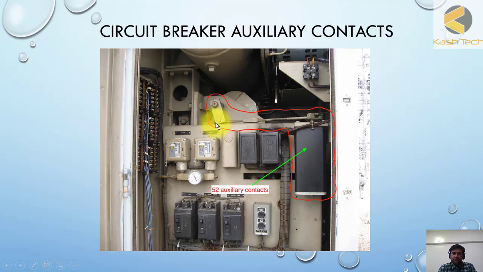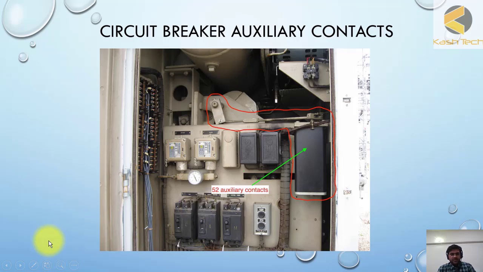So when the breaker is open, the position of this shaft will change. It will come up to here, and this contact also moves. In this way, auxiliary contacts are operated. So if you are in inspection and somehow this rod is broken, even if the breaker contacts physically change, the auxiliary contact will not change. This is just a hint for troubleshooting.